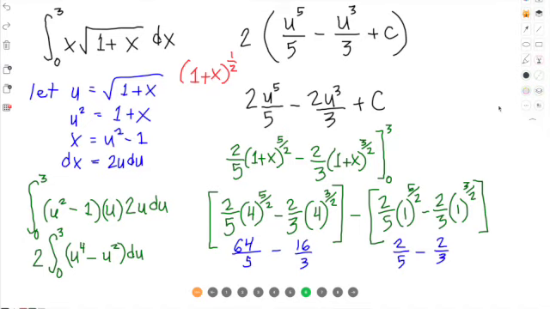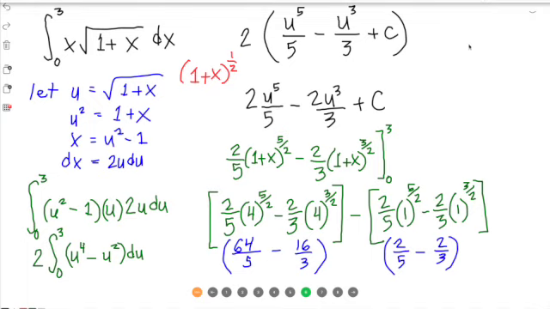Okay, so let me write the answer here on the top corner. Combining all this would be 64 over 5 minus 16 over 3 minus 2/5 minus 2/3. This should be in parentheses, so please don't be confused with the operations. This is minus times minus, so that would eventually be plus later.